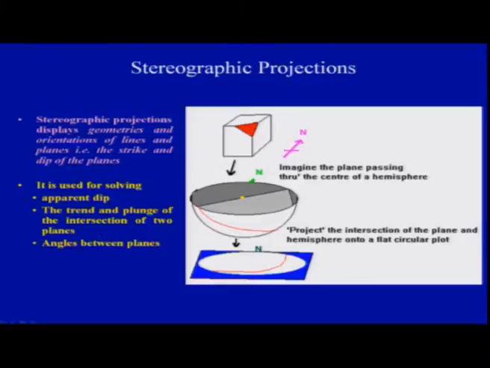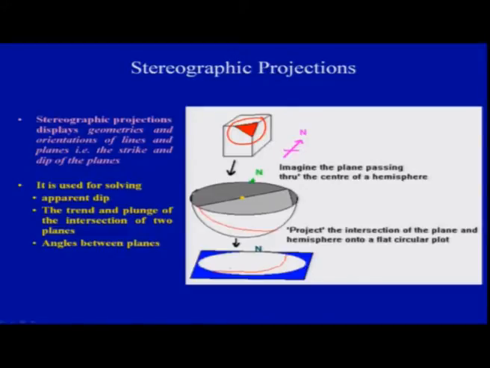So, suppose we have an inclined plane here, and that needs to be projected on the stereographic projection. Then what you will do is project it on the center of the hemisphere. We have a plane area, and this has been projected on the flat surface.